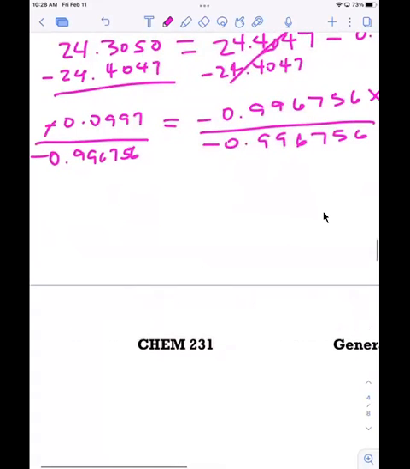All right, so the negative signs are going to cancel out. This number is going to cancel. And what is X? 0.0997 divided by 0.996756. What do we get? 0.100024.